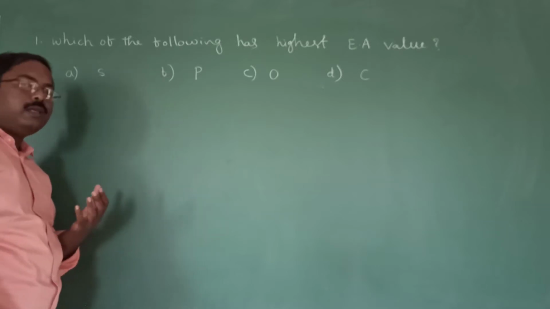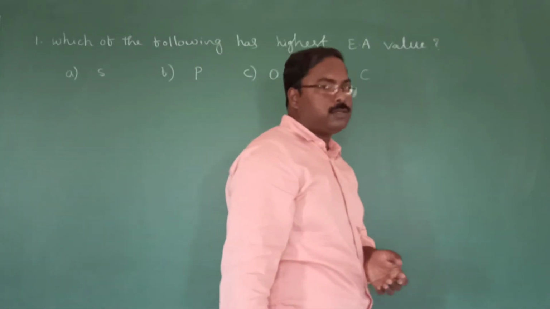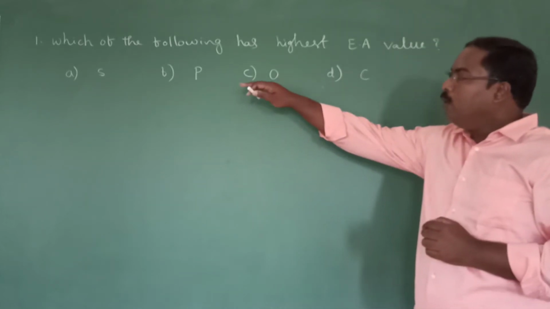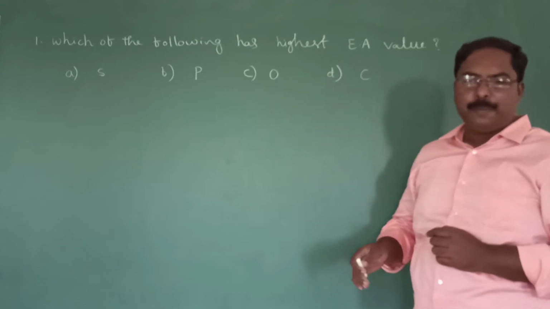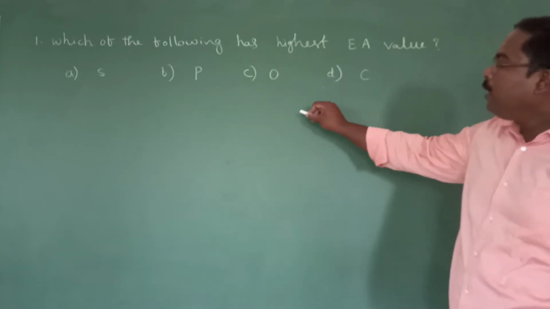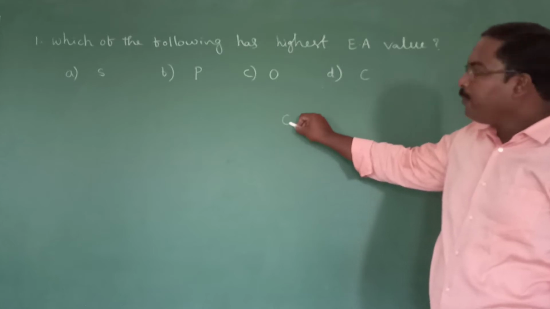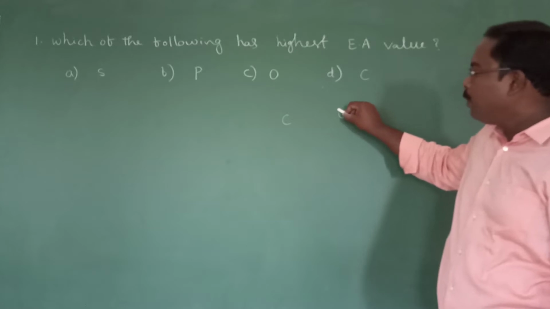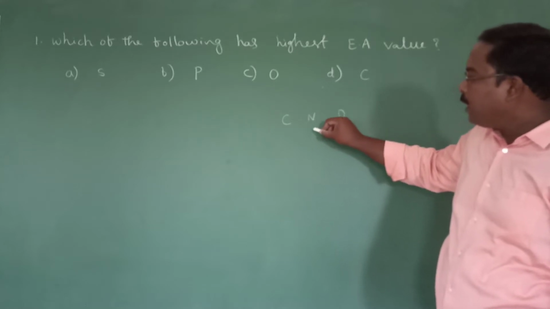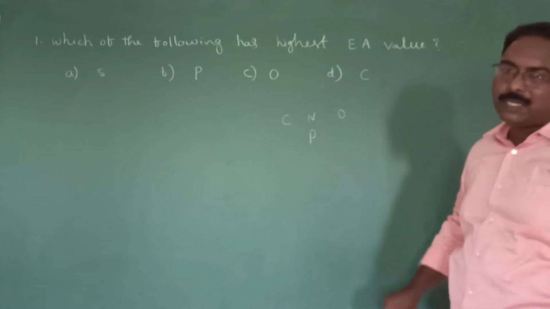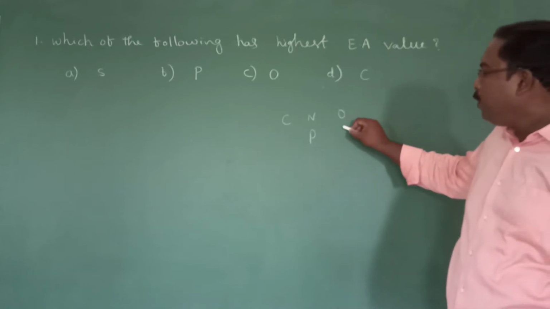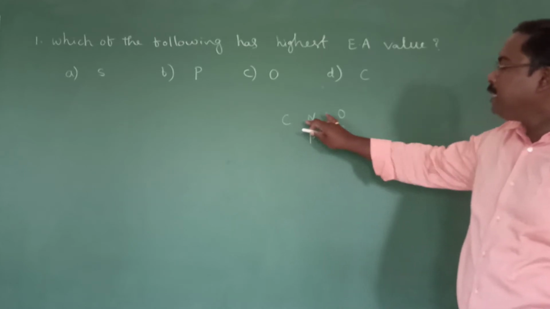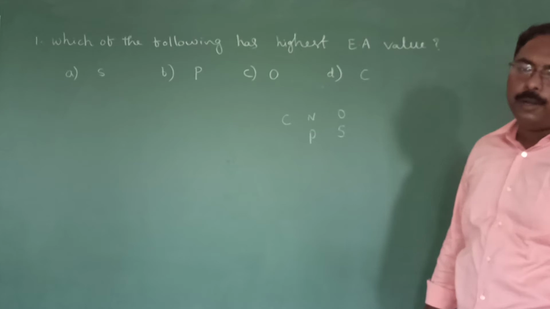the highest? Because we don't know the values exactly. We cannot memorize the values, right? So we need to focus on which period or which group they belong to, right? Carbon belongs to the 14th group, we know. Next, oxygen belongs to the 16th group. Here nitrogen will be there. Then down that, phosphorus will be present. Even further down, sulfur will be present. Actually, these are the positions of the elements in the periodic table.